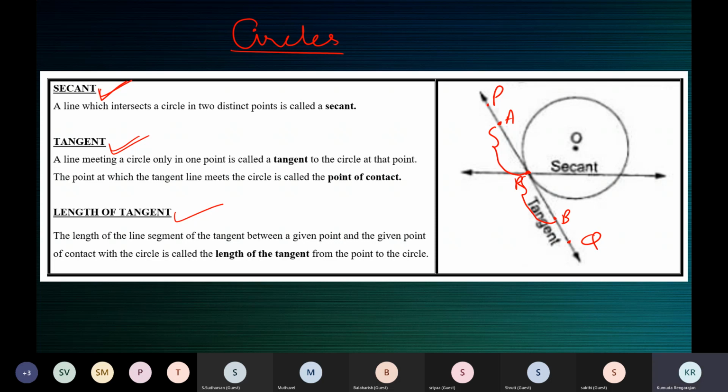A tangent segment is a part or a portion of the tangent because the tangent is a line. So which part of the tangent? It's the length between the point of contact and any point on the tangent. You can see this and understand. Now we said that AR. Let me clear the slide.